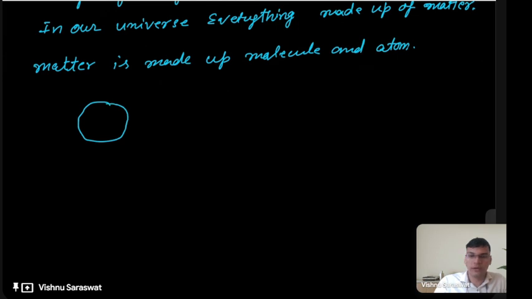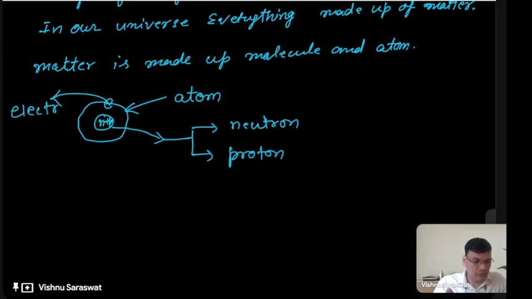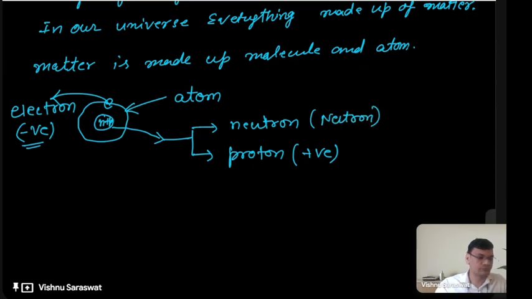Suppose this is the atom, and the atom consists of electrons, protons, and neutrons. Electrons always revolve around the nucleus, and the nucleus consists of neutrons and protons. Electron has negative charge, proton has positive charge, and neutron is neutral, with no charge.